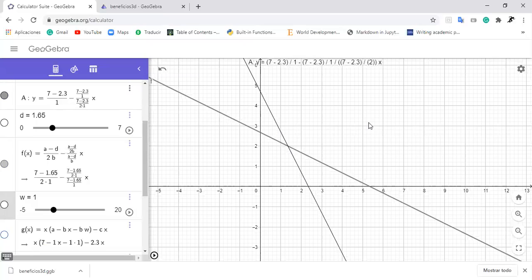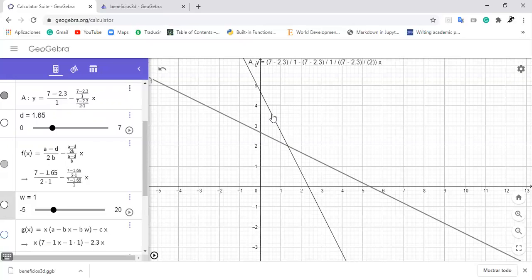So let's analyze each one of these two lines, okay? Well, first, we have this concept, reaction function, okay? So it's a function that is going to tell me how much quantity a certain firm should produce in order to react or respond to the production of the other firm.